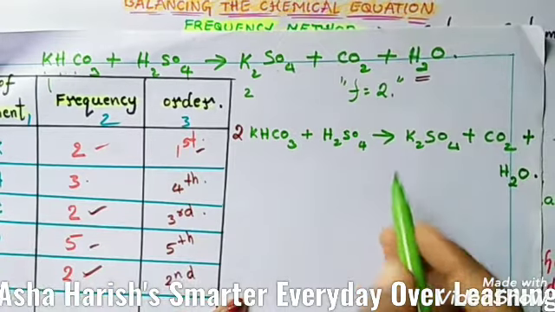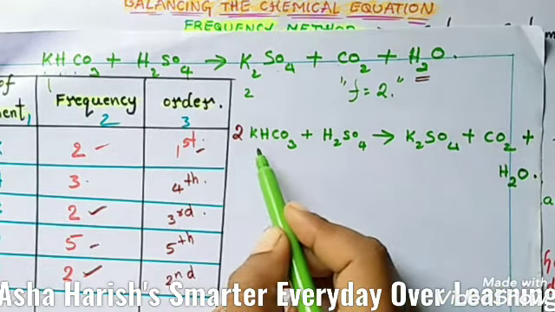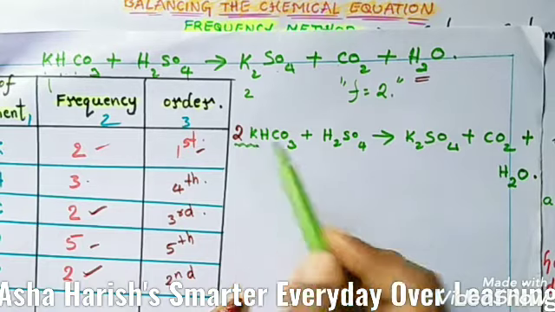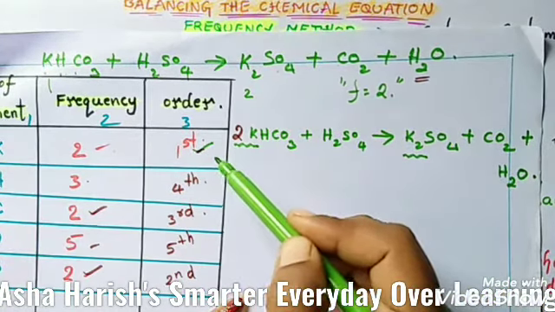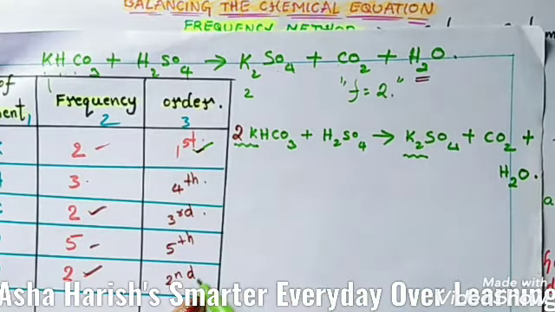Now you can see the total number of potassiums: here only 2 potassiums and here also 2. Now potassium is balanced.